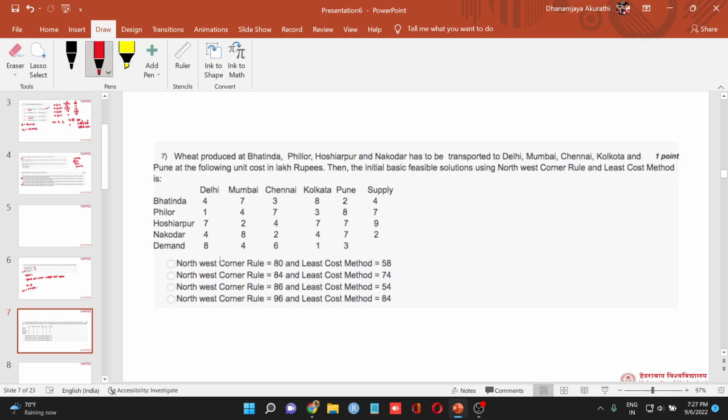Here the total demand is 22, right? And is the total supply equal to 22 or not? Yes. So we can get the initial feasible solution. A feasible solution can exist when summation ai is equal to summation bj.